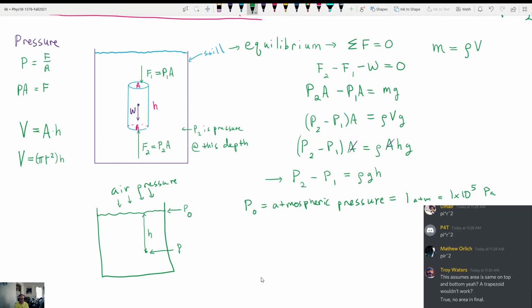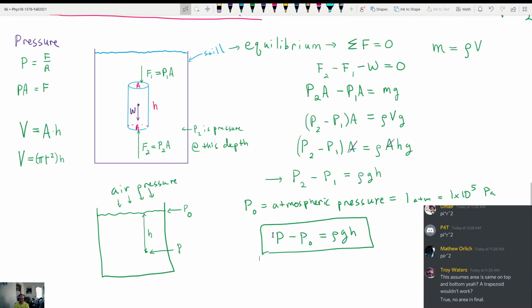Or, as we saw earlier, that's about 1 times 10 to the 5 pascals, approximately. 100,000 pascals, right? So if we replace P2 with P, and we replace P1 with P naught, then we get an even simpler relationship that says that the pressure at some depth in the fluid is equal to the pressure that's pushing down on the surface of the fluid. I didn't quite finish.